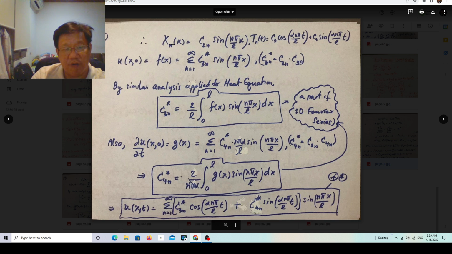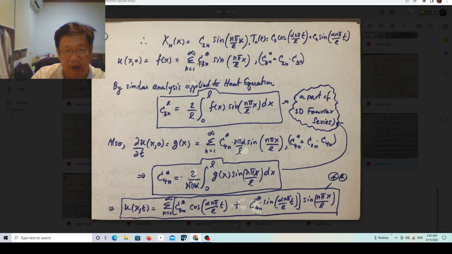When you separate these two and evaluate using the other boundary condition, u evaluated at x, 0, which is equal to a general function we call f of x, it is going to be equal to the summation for all possible parameter n. This constant can be combined into a new constant value we call c star sub 3n, times a sine function.